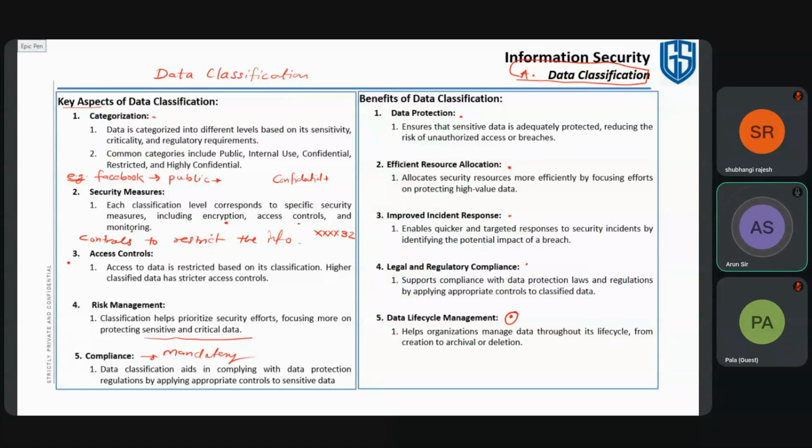Definitely there is a need of categorization of the data. We need to categorize the data into various parts, whether it is for public use, internal use, confidential, restricted, or highly confidential. Let's say I'm talking about a social networking site like Facebook.